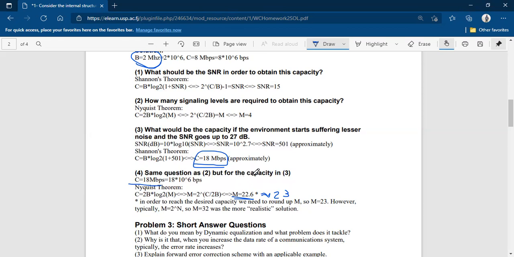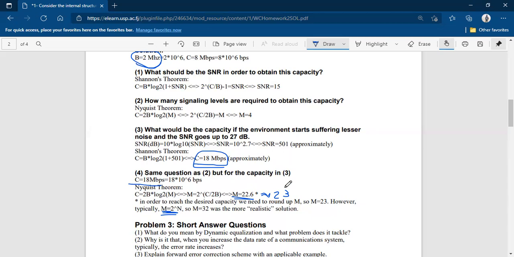M has to be of the form 2 to the power of n, where n can be any integer value. If we set M equal to 23, that would not satisfy this condition. We cannot find any n for which 2 to the power of n gives us 23.